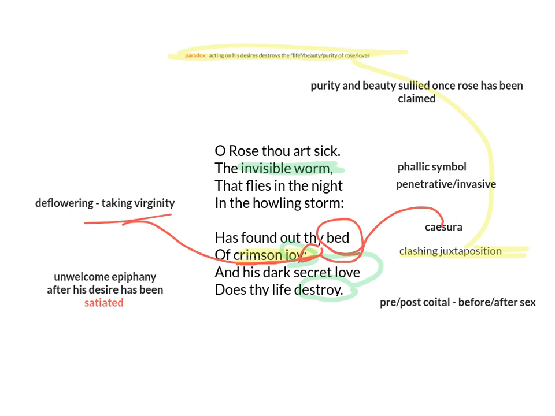Going back to the first stanza, we have that spondaic metrical stress in the opening two words, O rose. So we've got your spondee falling on those open-mouthed vowel sounds.